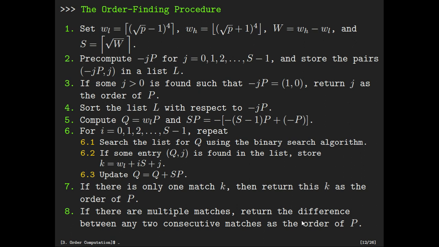Now we compute minus jp and maintain a list. If some minus jp equal to 1 comma 0, that is we get that minus jp equal to point at infinity, then we can conclude that j is the order of P.